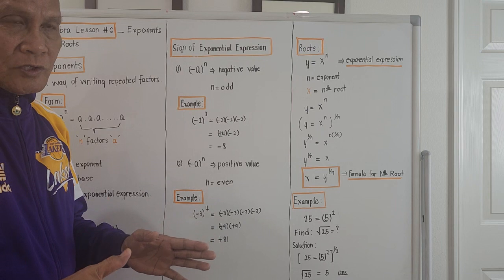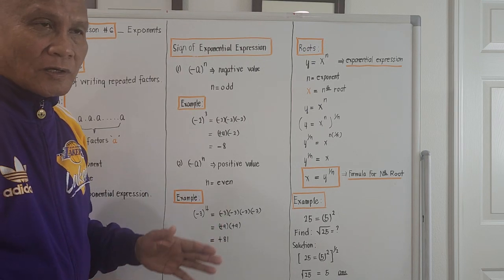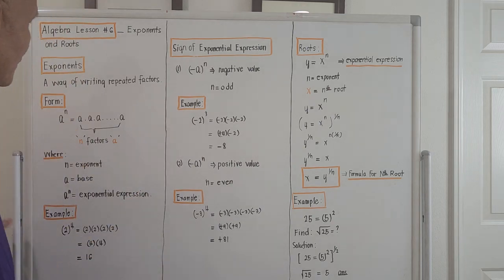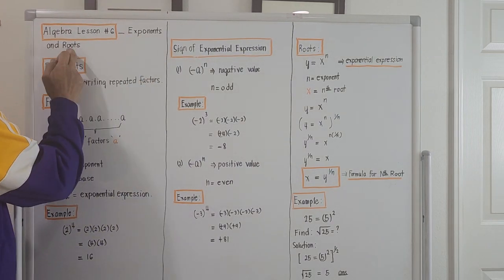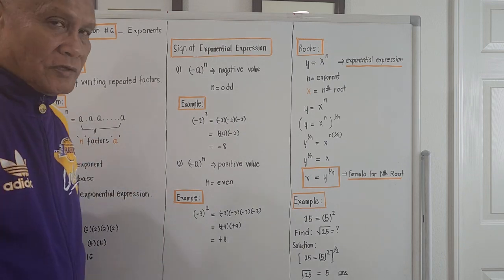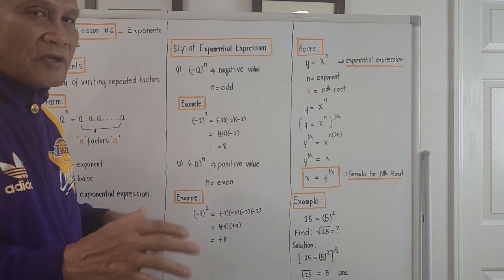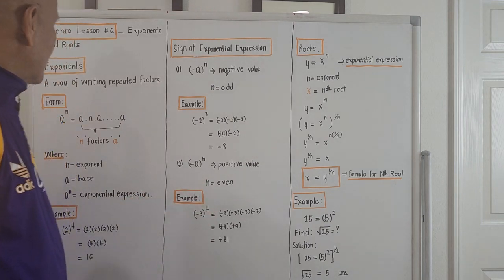So we can now proceed with the next fundamental operation. The topic will be exponents and roots. This is a familiar subject matter under the SAT and the CAT exam. Okay, let's proceed.